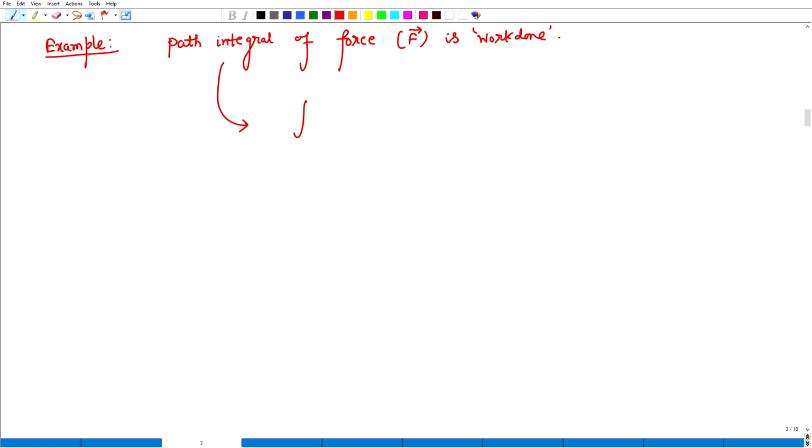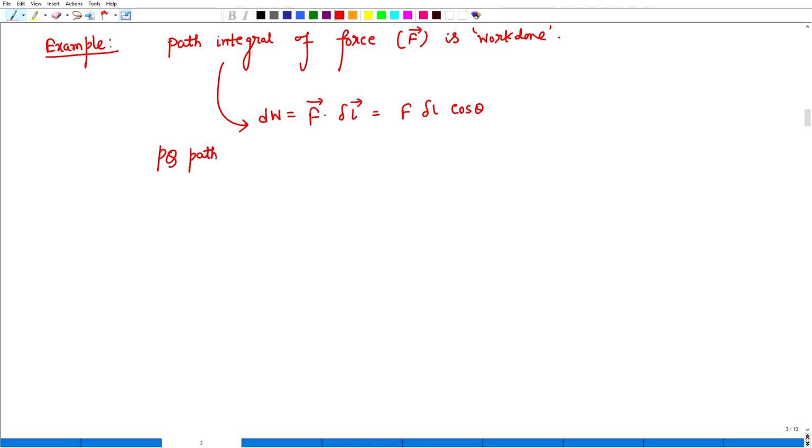For a very small segment, first we have to write for the small dl segment. So that will be F dot dl as we wrote before. So it will be F dl cos theta, and we know that F dl cos theta is the dW. Mind it, as it is a dot product of two vectors, it will essentially be a scalar. So F is a vector, l is a vector, but W, the work done, is a scalar quantity.